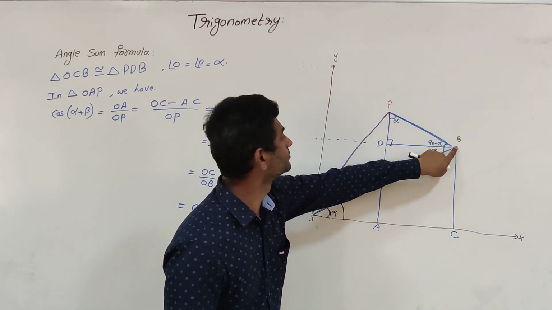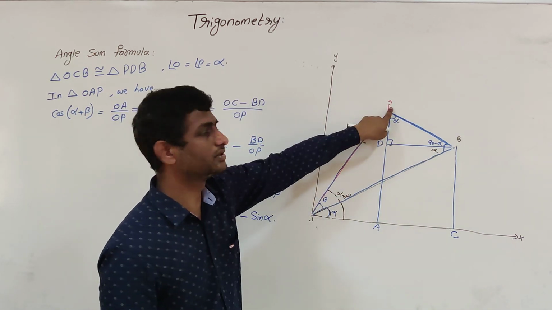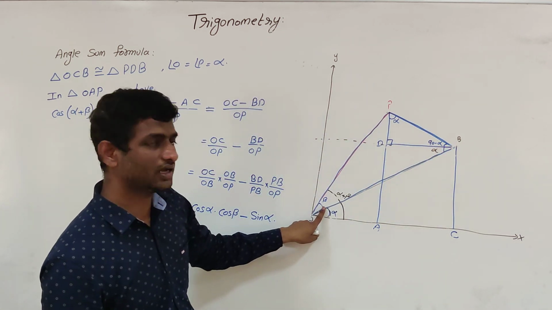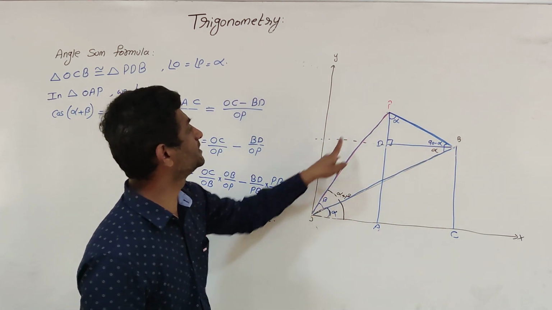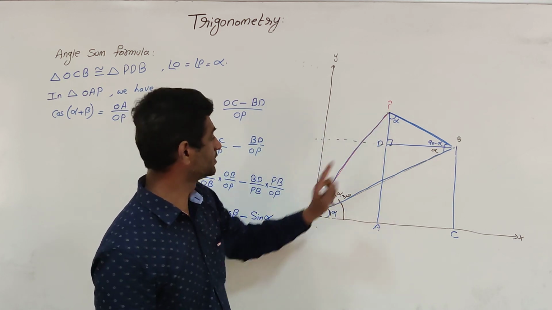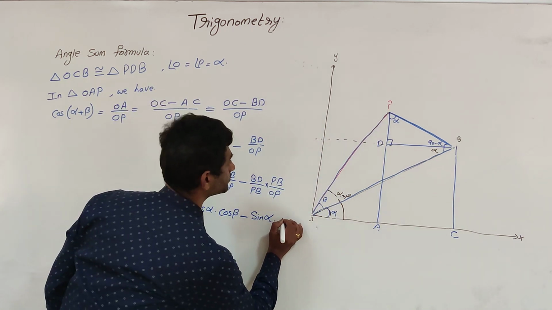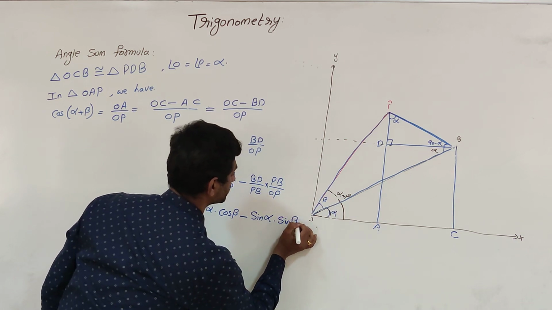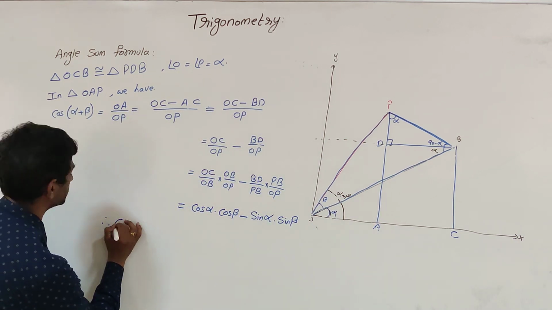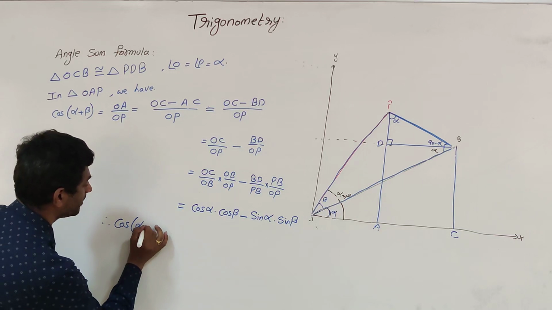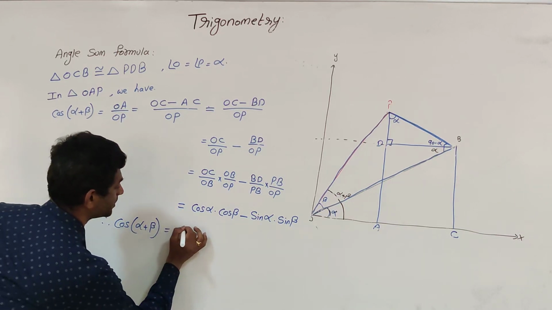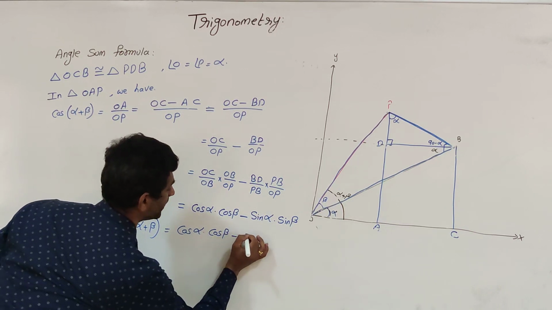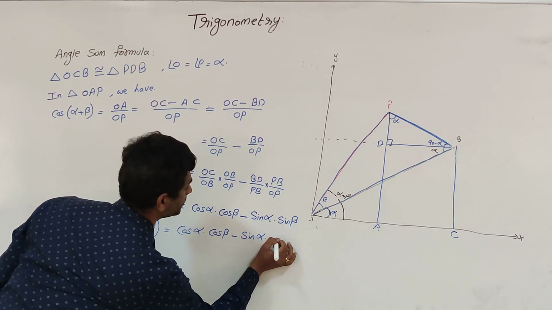PB by OP means PB is the opposite side for beta and OP is the hypotenuse, means it is opposite side by hypotenuse for beta. So therefore cos of alpha plus beta is the same as cos alpha into cos beta minus sin alpha into sin beta.